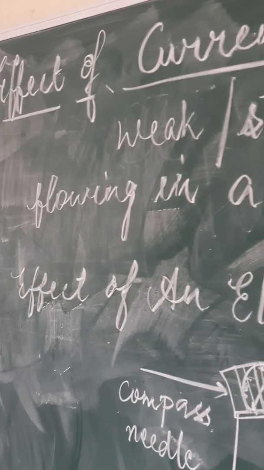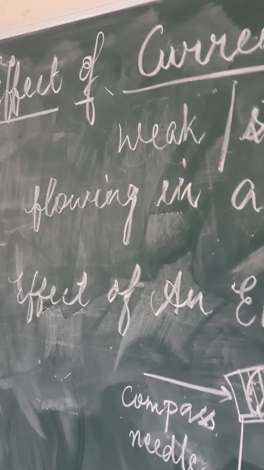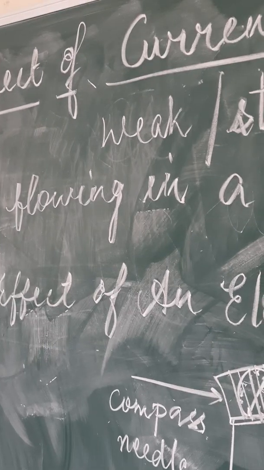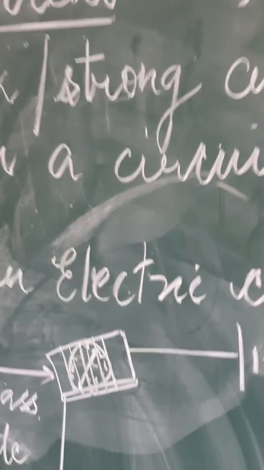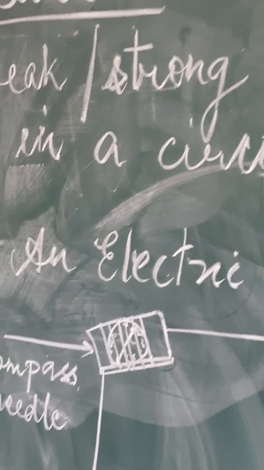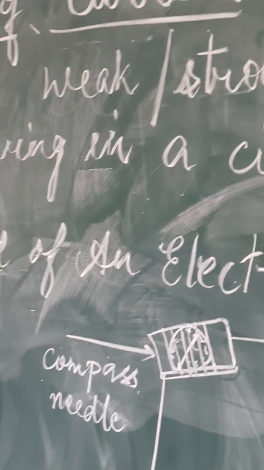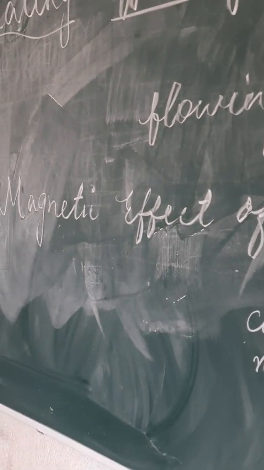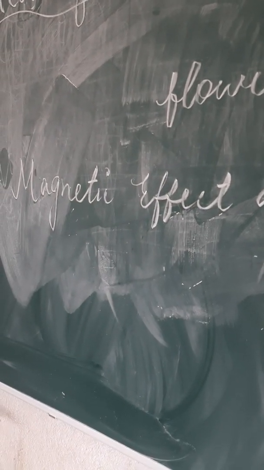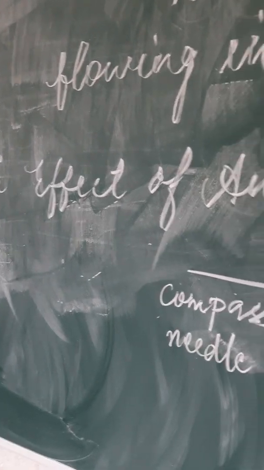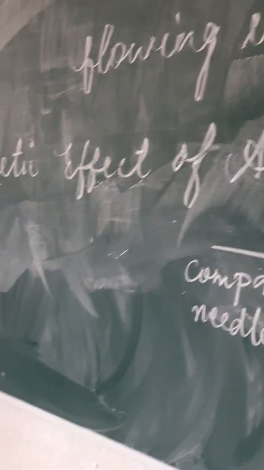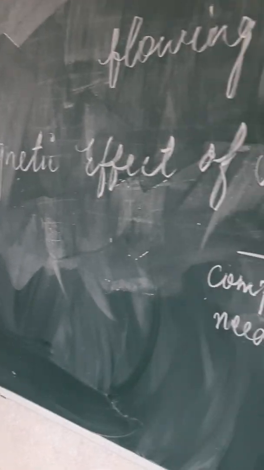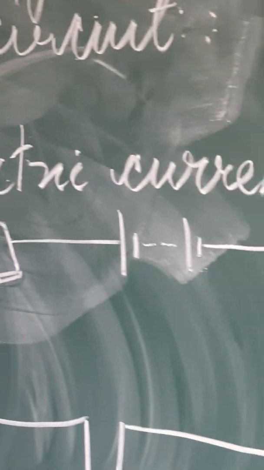Is there any other method to see that the current in the circuit is weak or strong by any of the liquids, that is by lemon juice or by vinegar? Yes, there is one more method, children, that is known as the magnetic effect of an electric current.